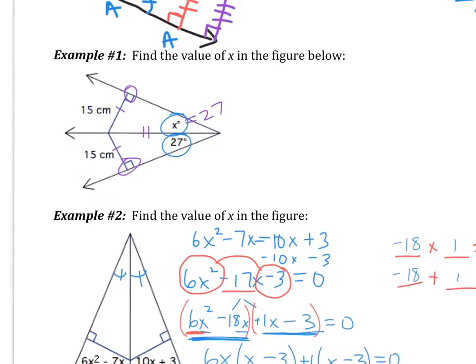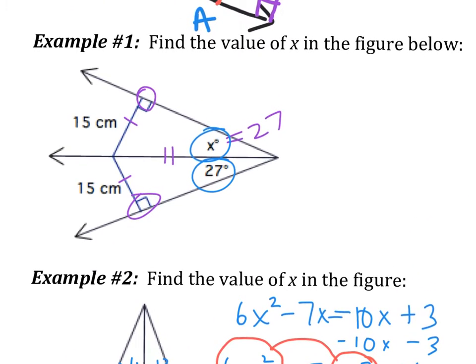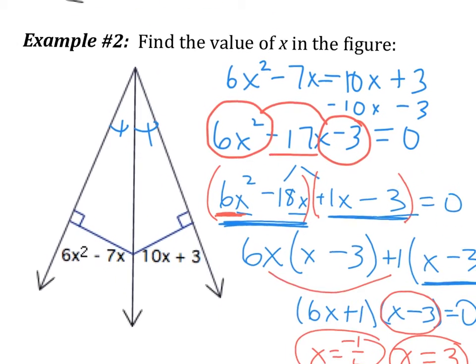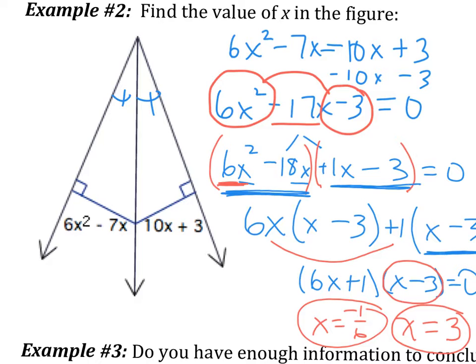So if I go back to example number 1, I've got 2 out of the 3. I've got 15s, so the opposite sides are congruent, and I've got the perpendicular angles. So now I can conclude that x is equal to 27. Yes. So if I come down here, I've got the angles marked congruent.